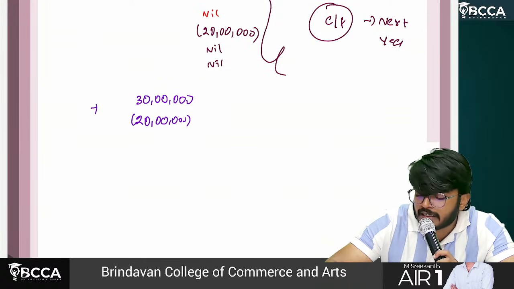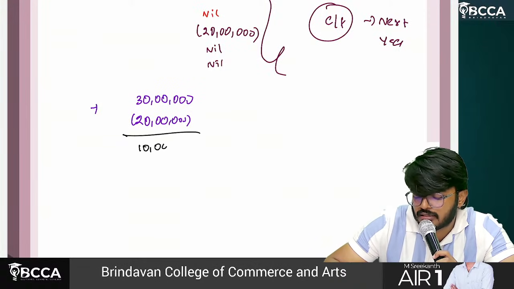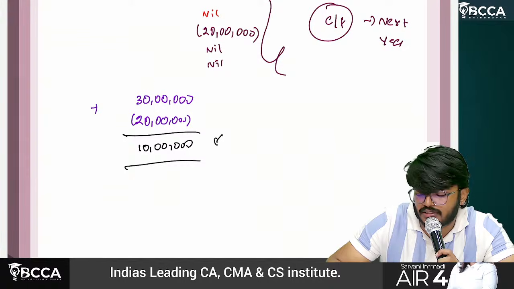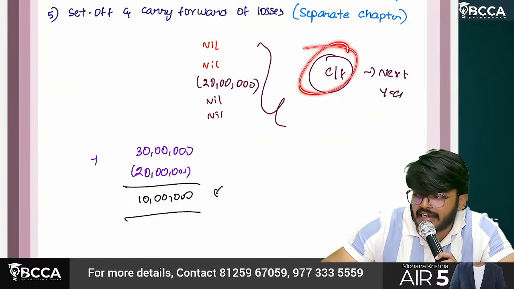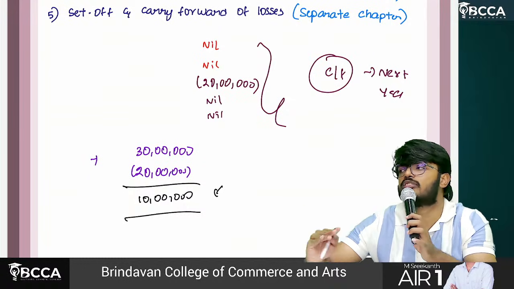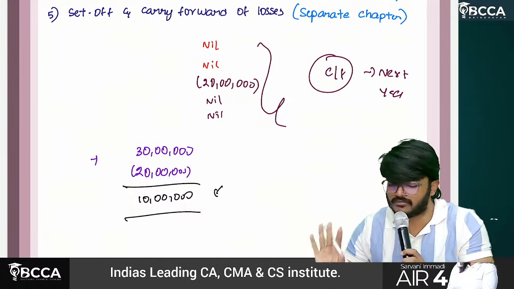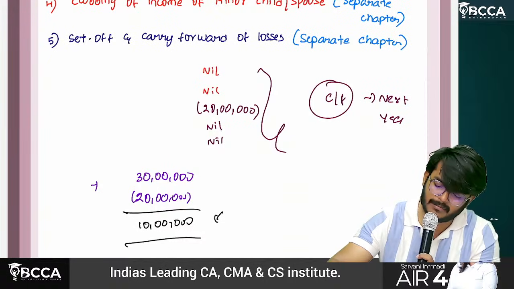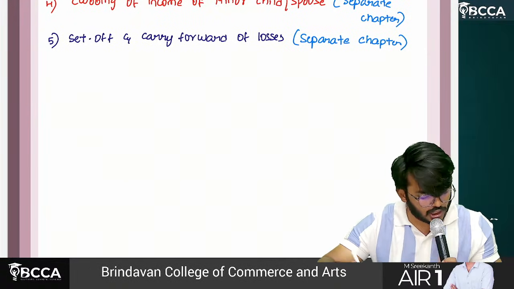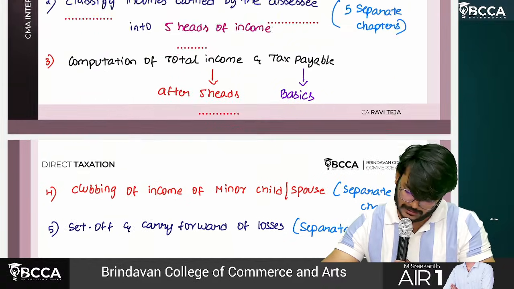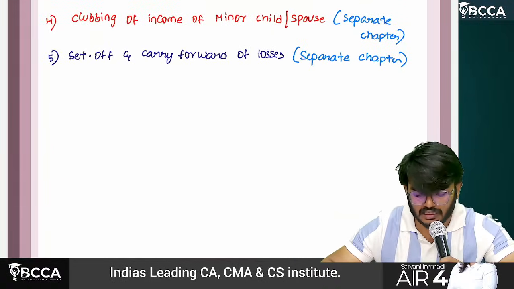Now what is my income, tell me? 10 lakhs. So this year I will pay tax only on this 10 lakh. This is the meaning of carry forward. Carry forward means bringing the losses to the next year. Okay, simple. We will have a separate chapter, then we will completely understand this. So set off and carry forward of losses also are there. Next, write a note point.